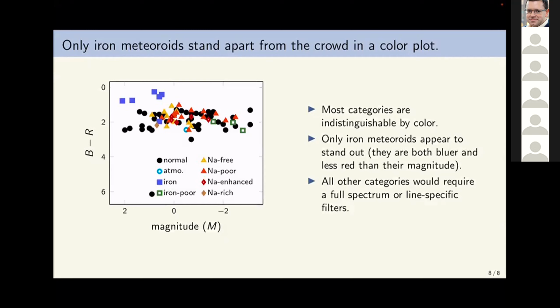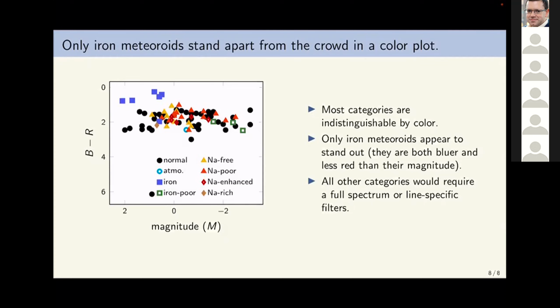And what you'll notice mostly is that they're all pretty much piled on top of each other in B minus R. You'd be very hard pressed to tell the difference between a sodium-free meteoroid and a normal meteoroid using this metric. And I automatically generated all different possible color combinations, and that's basically true across the board.